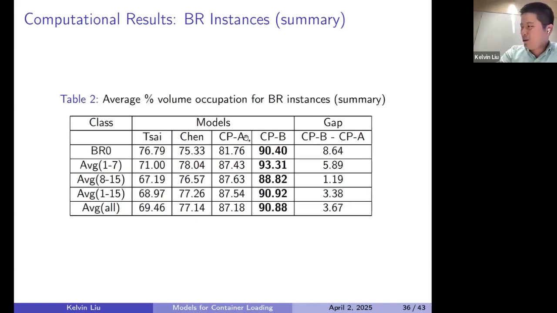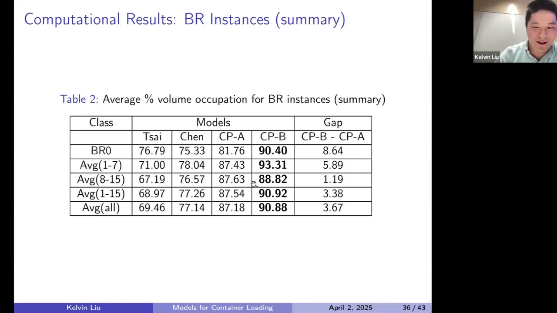In terms of comparing the 2 constraint programming models with each other, we can see that the block building approach, which was CPB, provides a significant improvement for homogeneous and for weakly heterogeneous instances. However, for strongly heterogeneous instances, as you can see, the difference is relatively small.